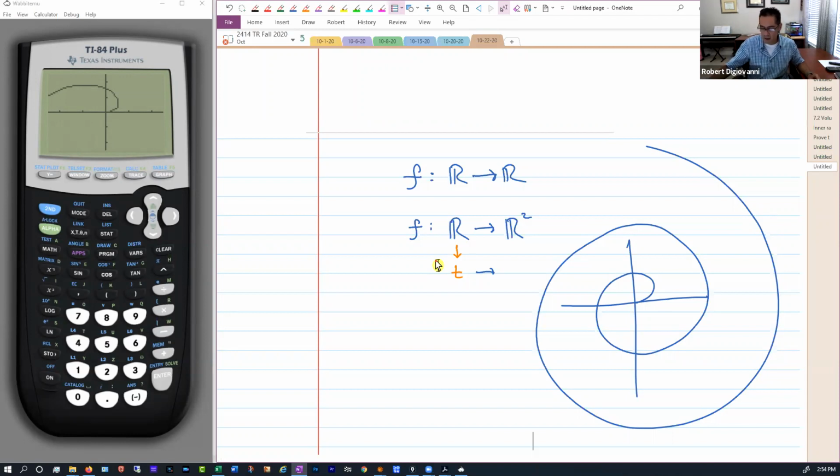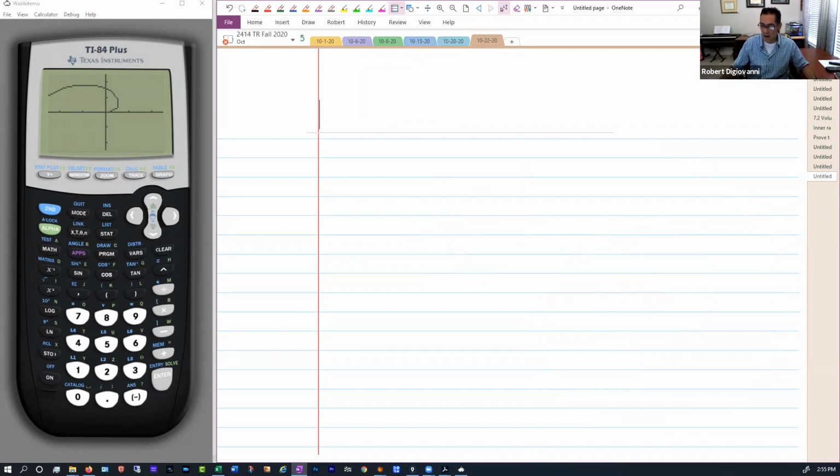That would fail the vertical and horizontal line tests, but I'm telling you, it is still a function. Why this is important later is because in the real world, we have objects that move around. Think about if you're tracking a vehicle, looking from the top down, driving around.